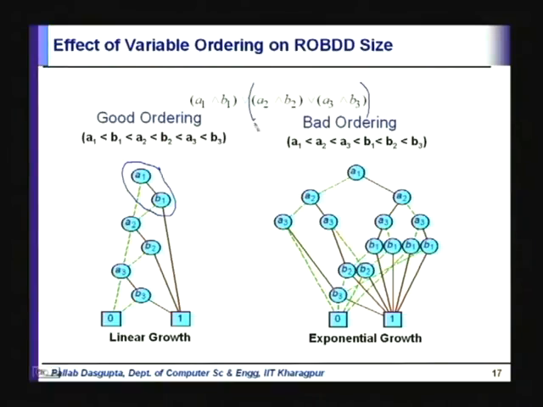I call this F and this G. So I have the BDD for F here and the BDD for G here, and if F is false, that is represented by these two green edges, only then I go to G.